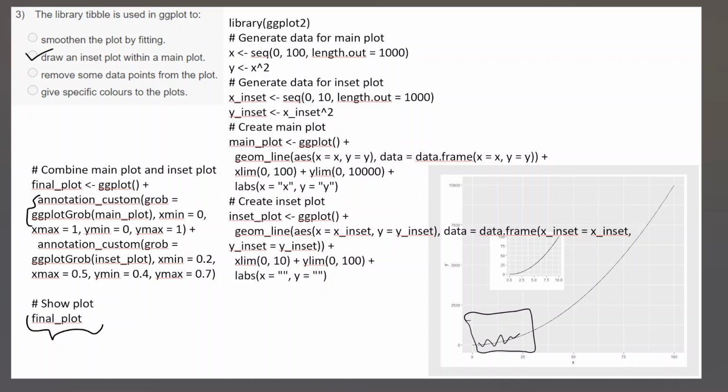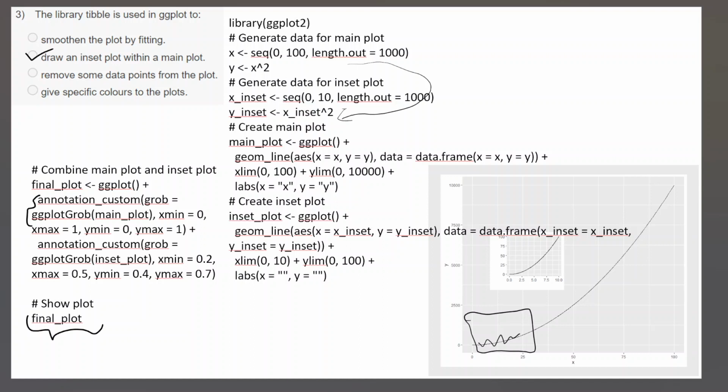First, we have to generate data for the inset plot. For the inset plot, x_inset is a sequence from 0 to 100 with length 1000, and y_inset is x_inset squared. Same function as what we have written.